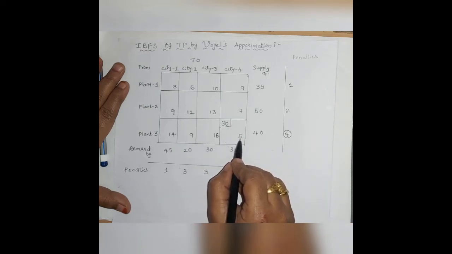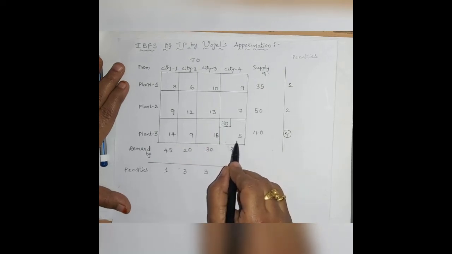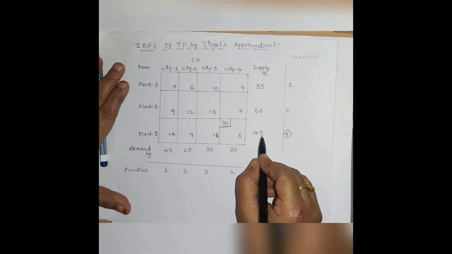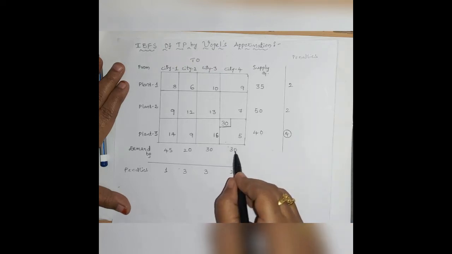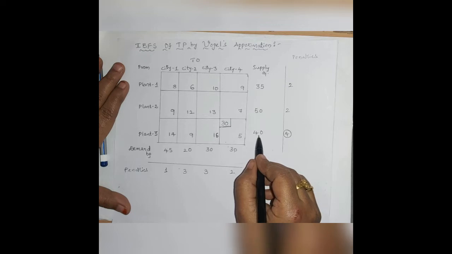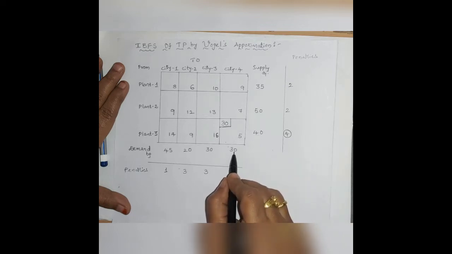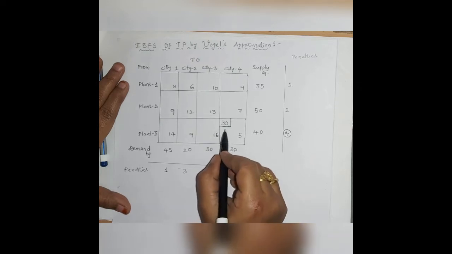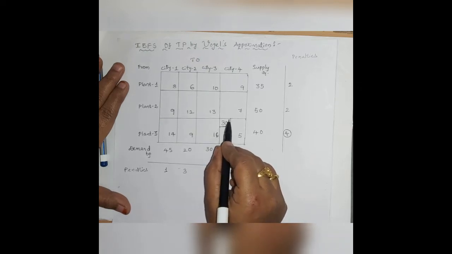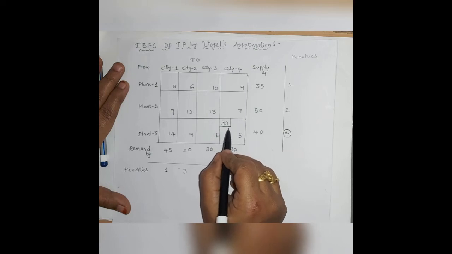In the cell 3,4, you are going to allot, or transport, the minimum of the supply and the demand. The supply is 40 units for this cell and the demand is 30. The minimum of 40 and 30 is 30. So, write this 30 at the top corner of the cell.